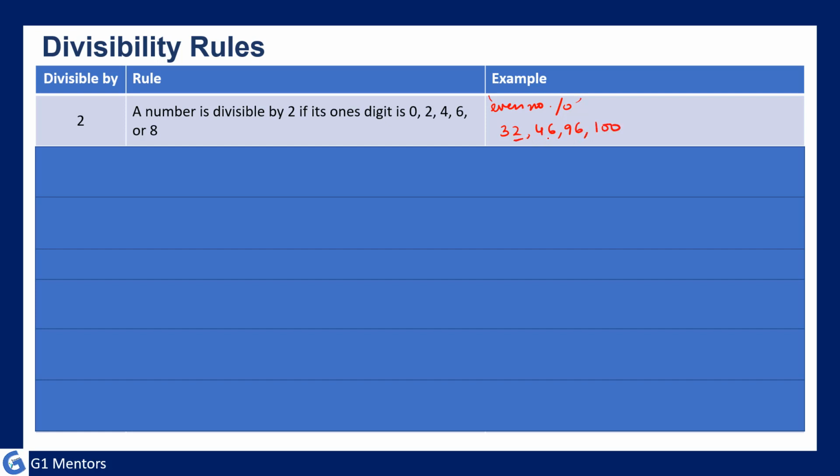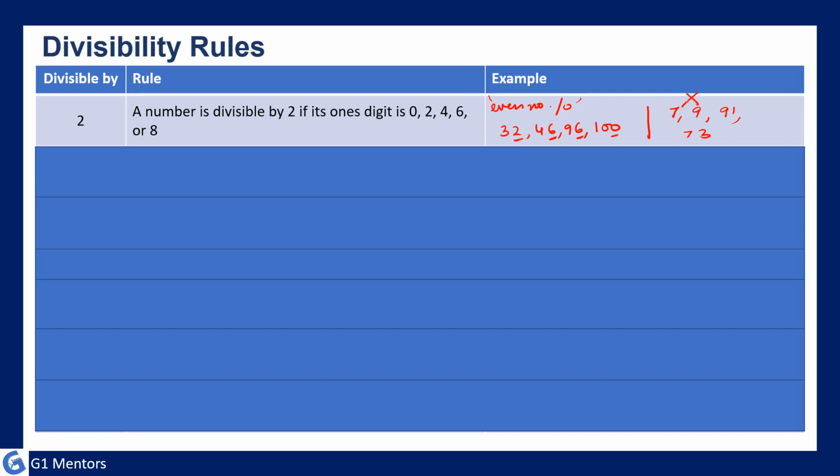You see the ones digits are either even or 0. Whereas any of the odd numbers are not divisible by 2. For example, 7, 9, 91, 73. These are not divisible by 2.